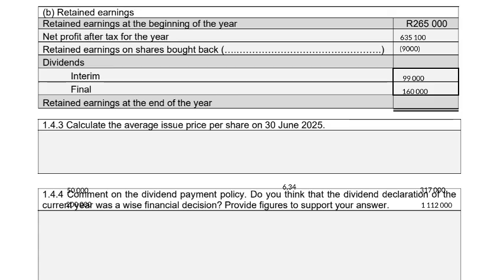That gives us a total of 259,000, which we subtract. Retained earnings at the end of the year amounts to 632,100.